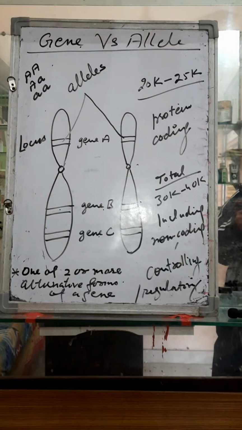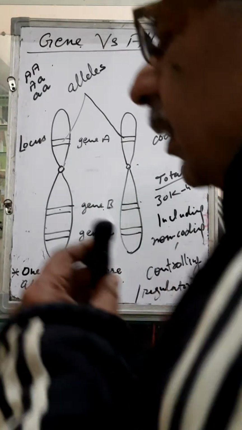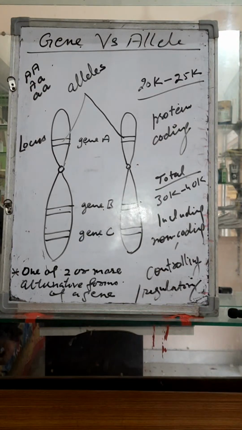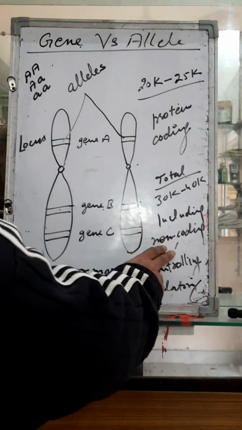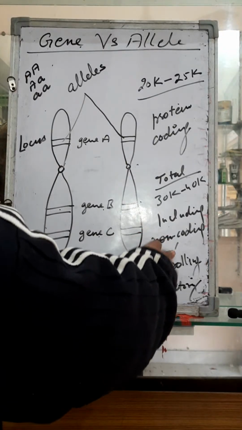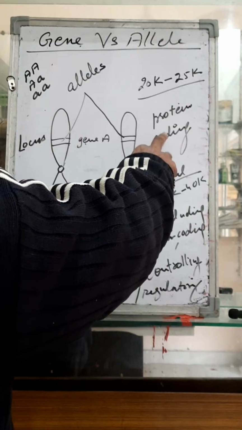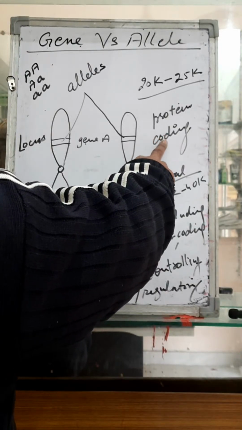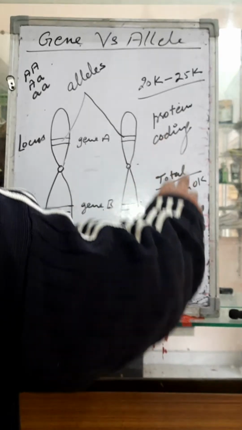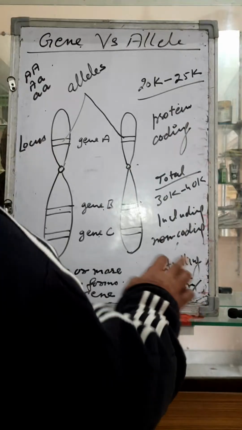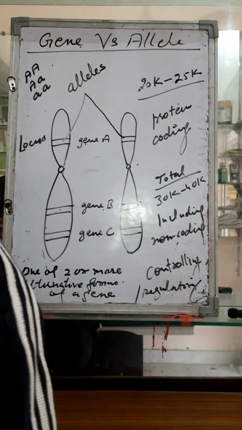The genes are of two types. Basically, genes are of two types. One are coding genes and the other are non-coding. Coding means they code for a particular protein. So one type of gene is known as protein coding, the others are non-coding, which are controlling or regulatory genes.